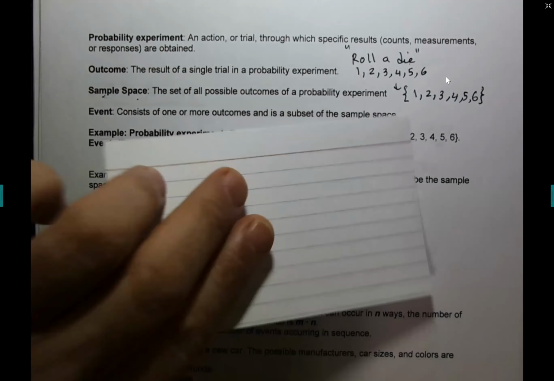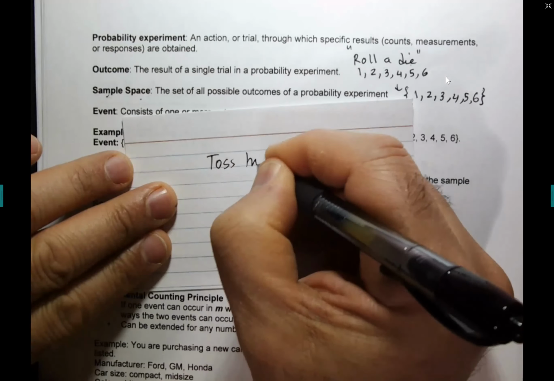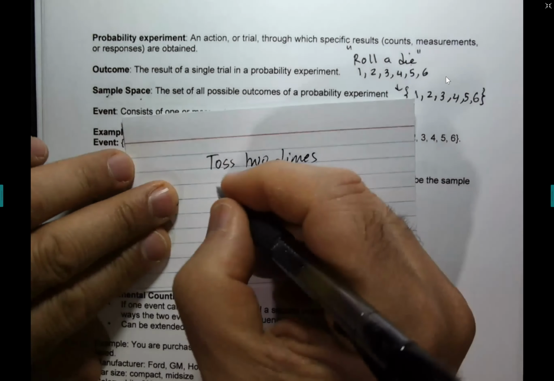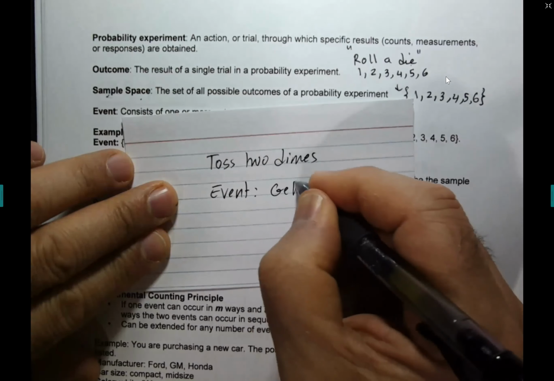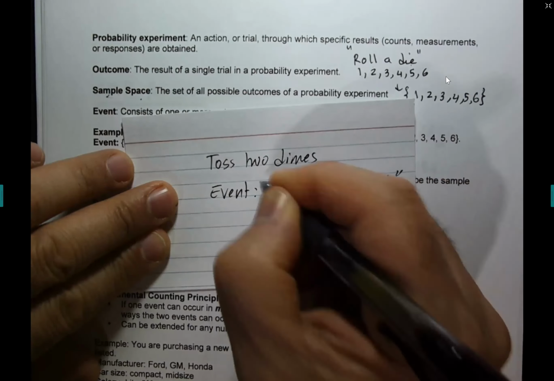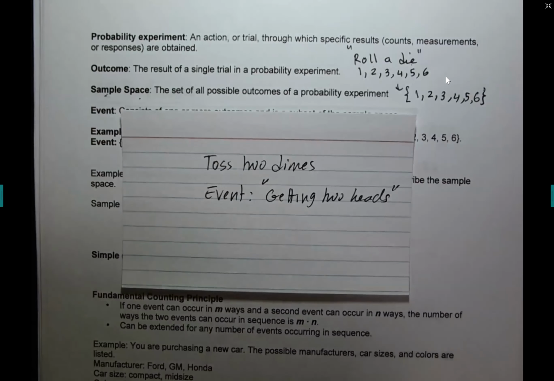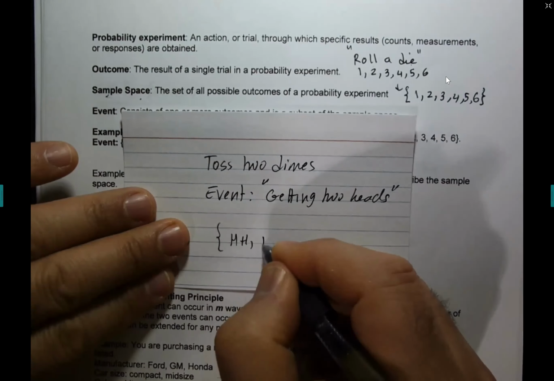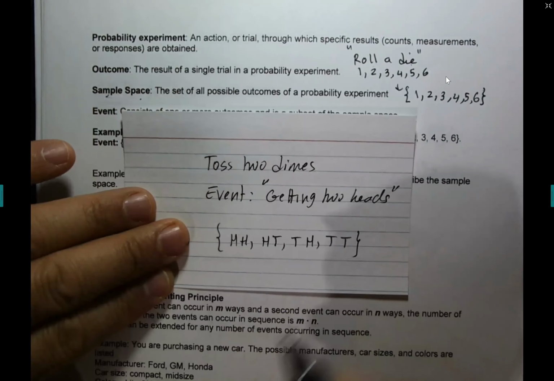Here's another example. Toss 2 dimes. My event is getting 2 heads. What's the chance, guys, of getting 2 heads? If you list all the outcomes, which we did earlier, you get head-head, head-tail, tail-head, tail-tail.